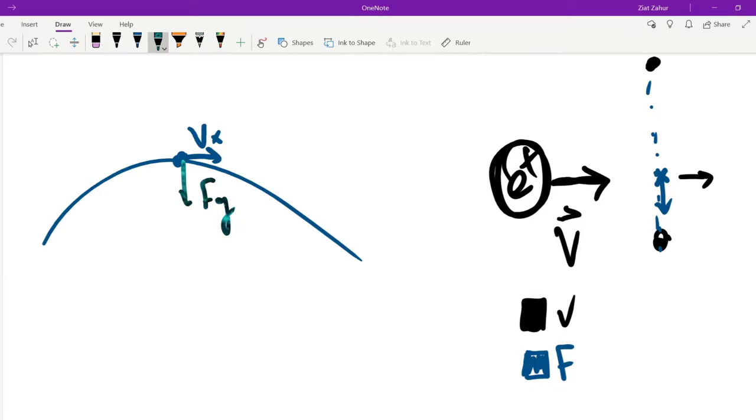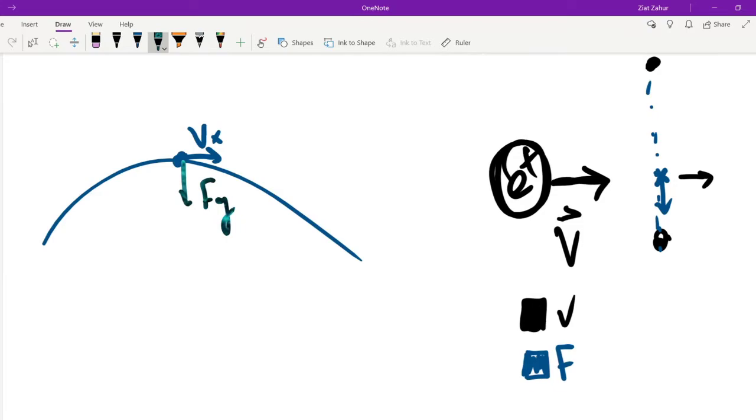It does not change the magnitude. This is why I want you guys to follow along. Forget about what it equals for now. Understand it first. As long as force is 90 degrees, it will only change the velocity vector's direction, not the magnitude.